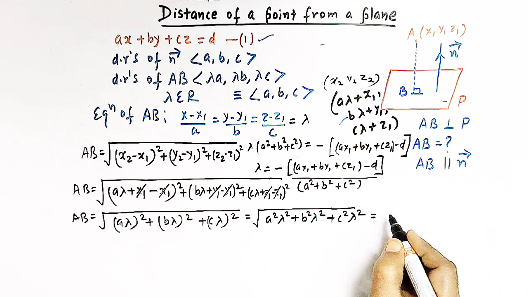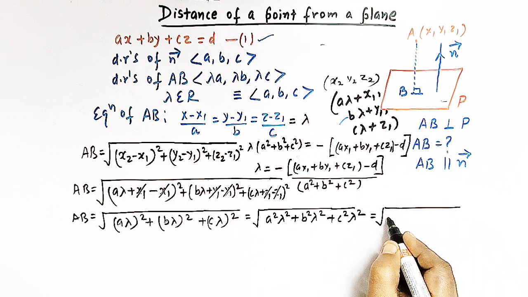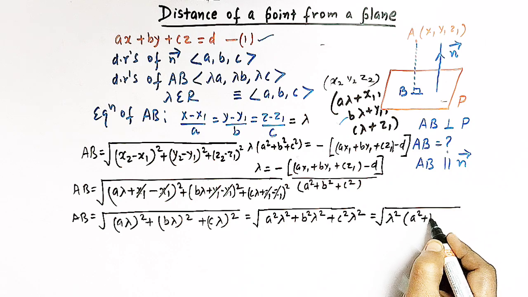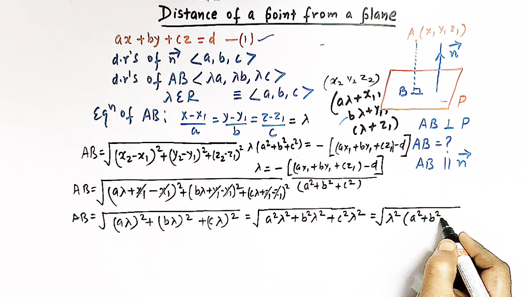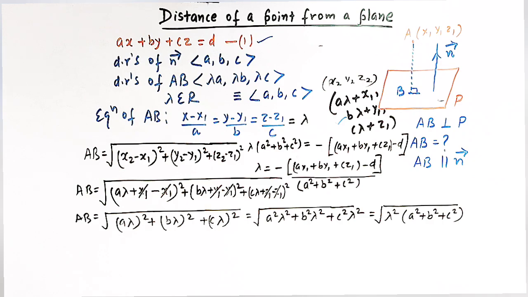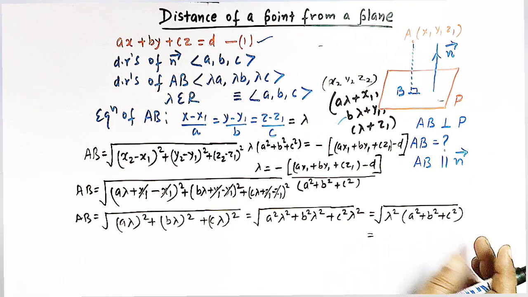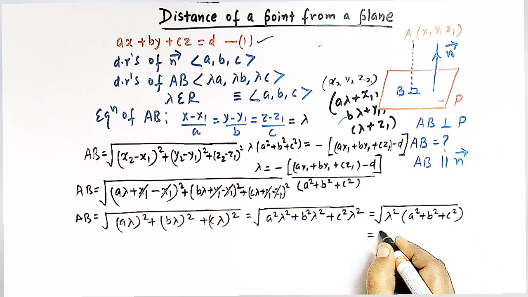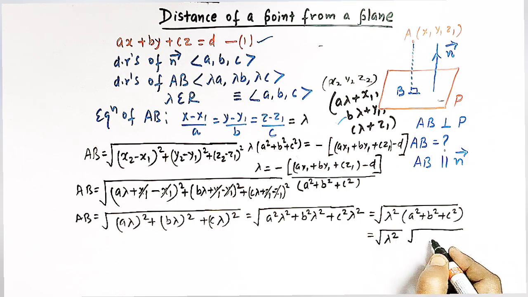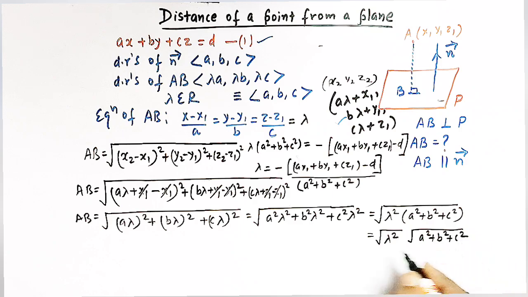So let us take lambda square common. So we have lambda square times a square plus b square plus c square. So now we can write this expression as square root of lambda square and square root of a square plus b square plus c square.